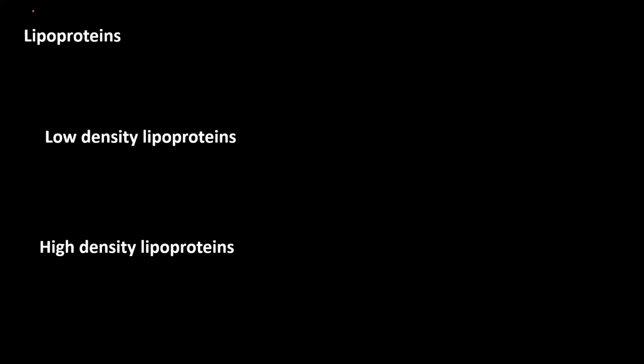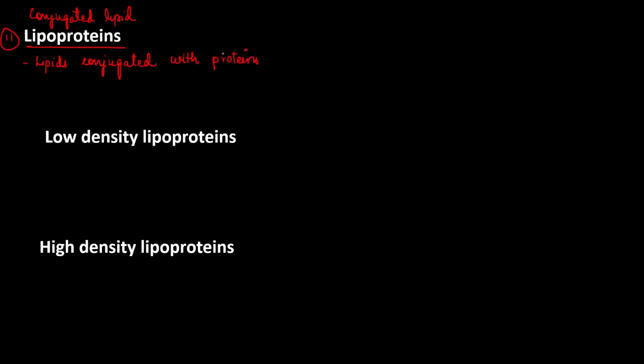The second example of a conjugated lipid is lipoproteins. Now, what are lipoproteins? As the name suggests, these are lipids conjugated with proteins.